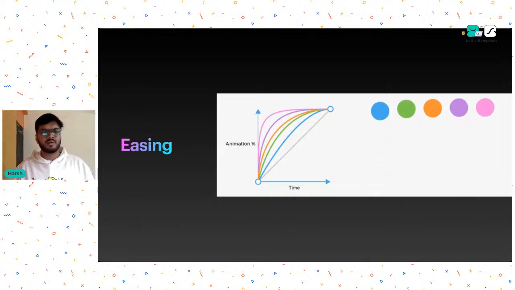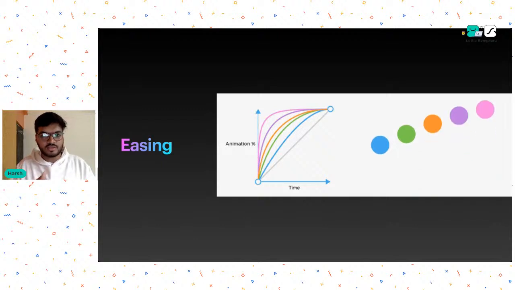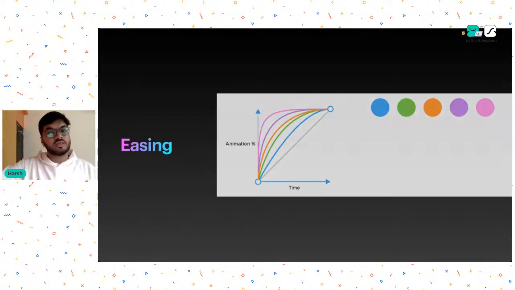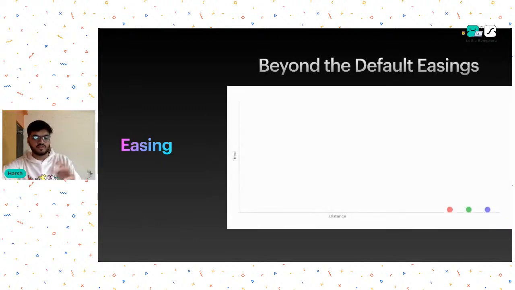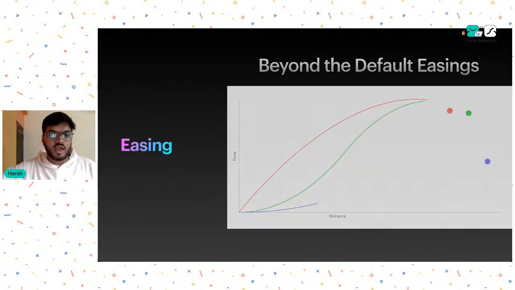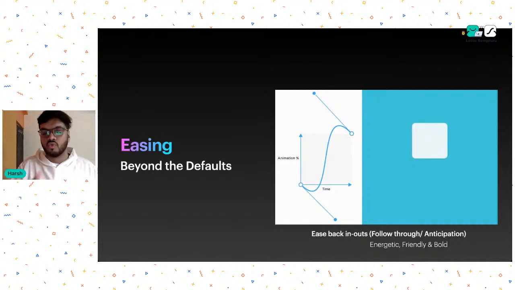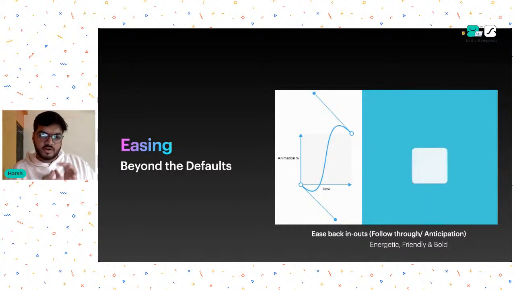And you're like, yeah, but I wanted to express my brand and I'm not able to do that, right? So let's look at how we can go beyond these default easing curves that we see on the screen, like the ease in, ease out, and ease in out, and really express our brand through the way things move in and out of the screen. So, for example, in this case, if you look at the model that's coming up onto the center of the screen, right?